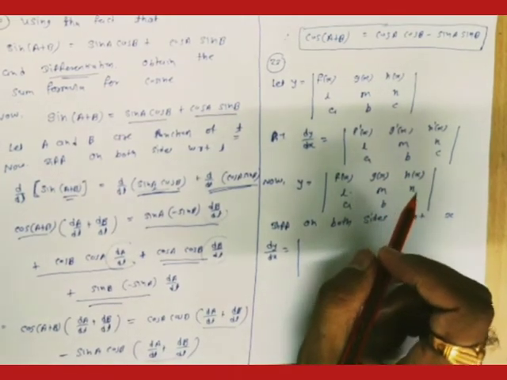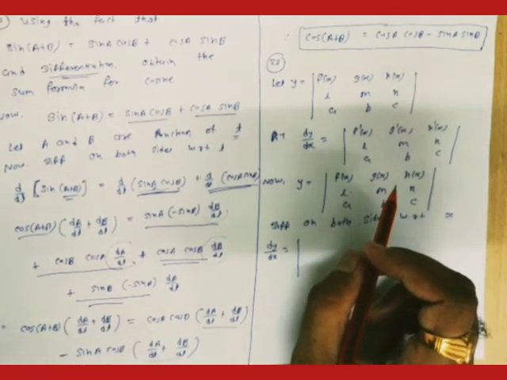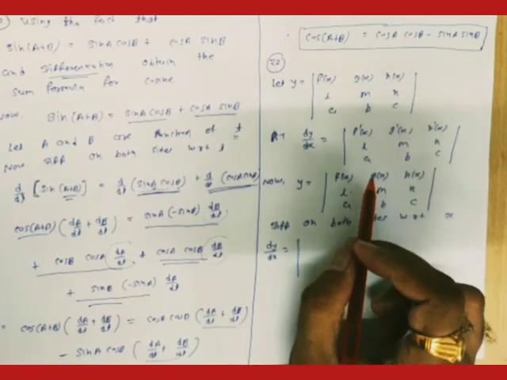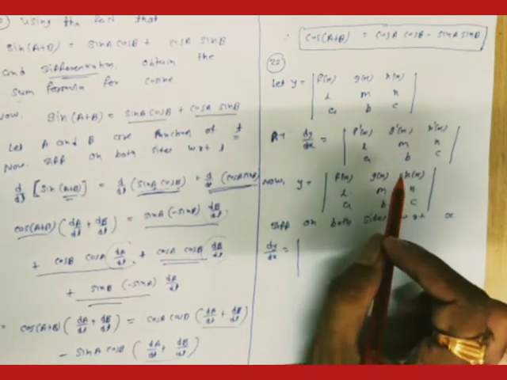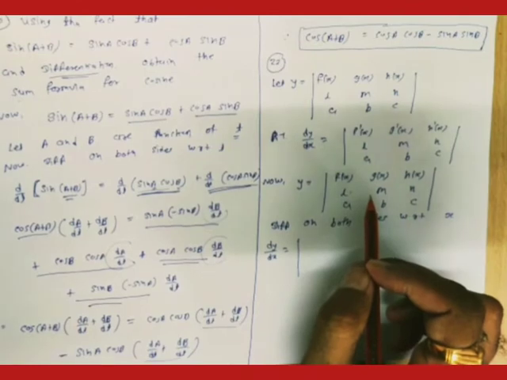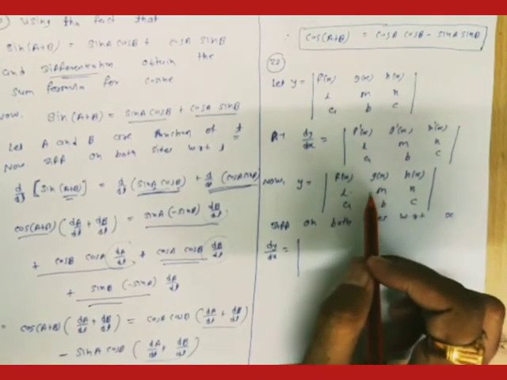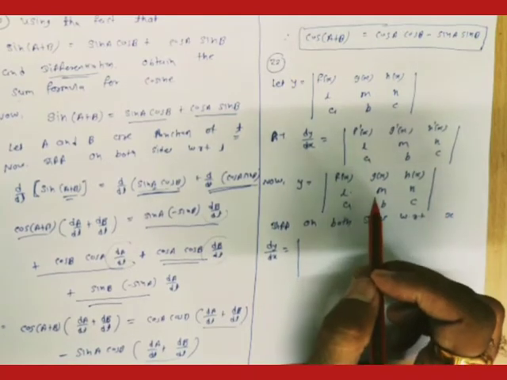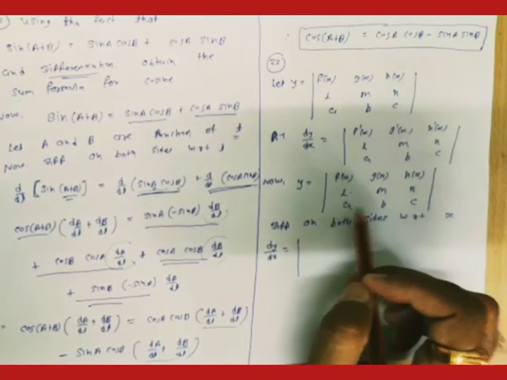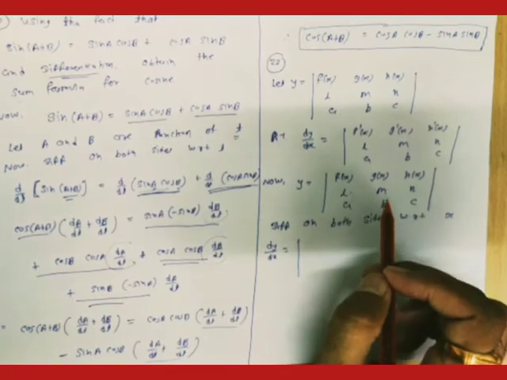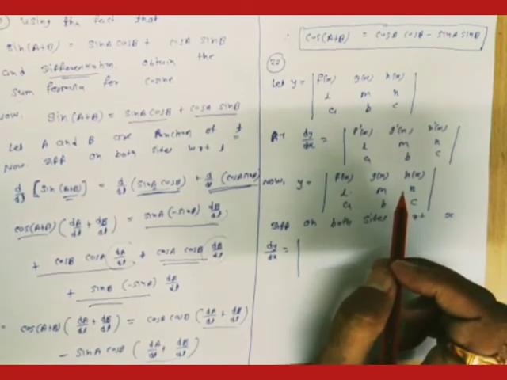Now students, for the differentiation of a determinant, first you have to differentiate the first row and keep the remaining two rows as it is. Then plus you have to differentiate the second row and keep the remaining rows as it is, plus you have to differentiate the third row and keep the remaining two rows as it is. That is the differentiation of a determinant.